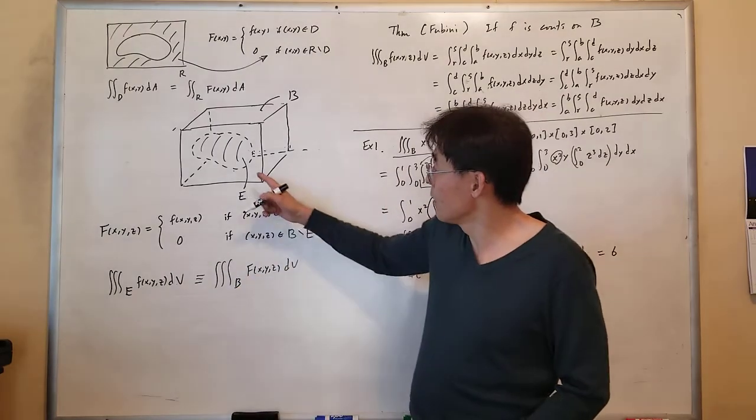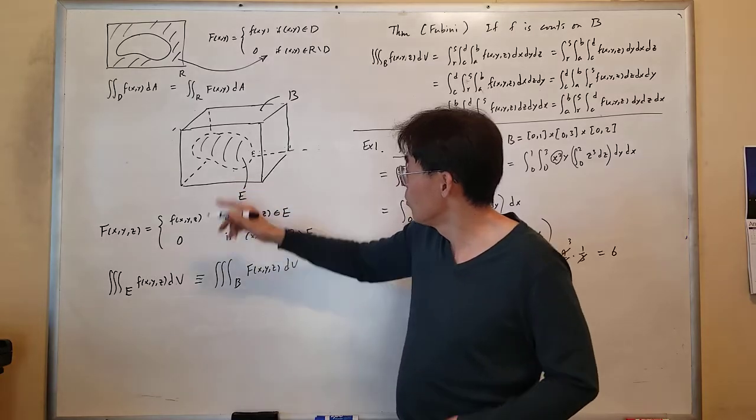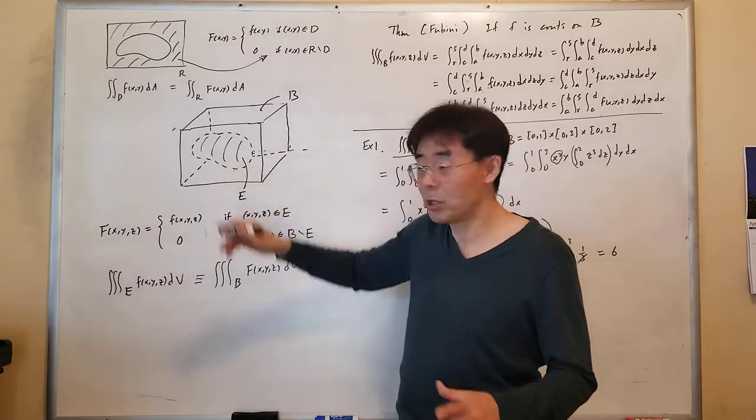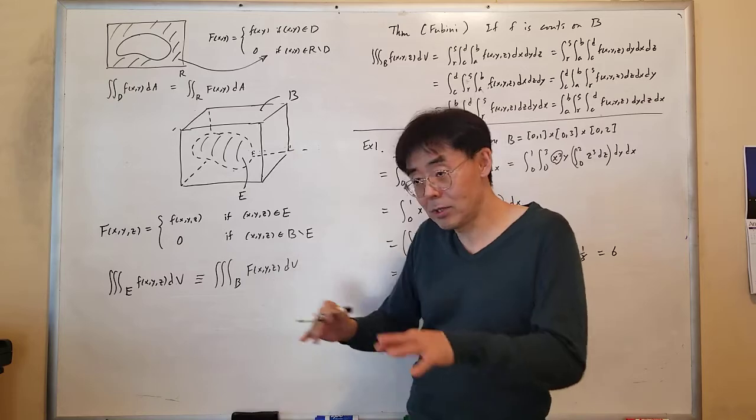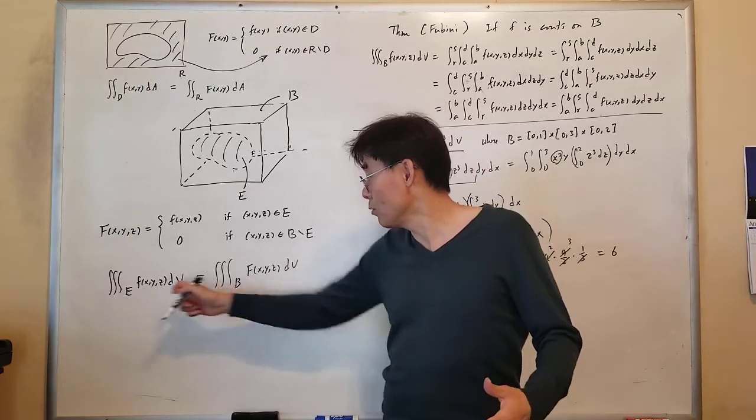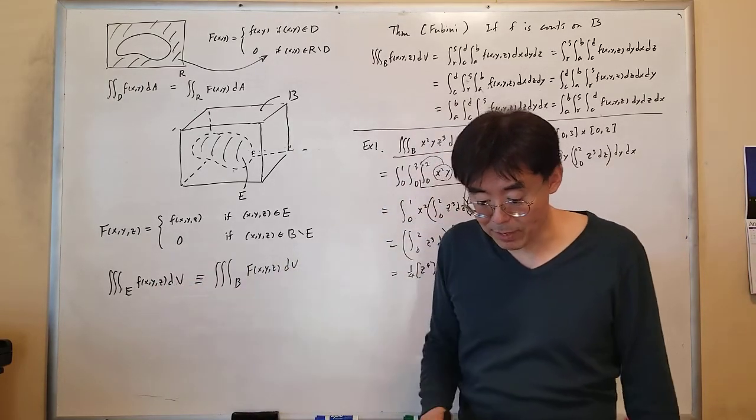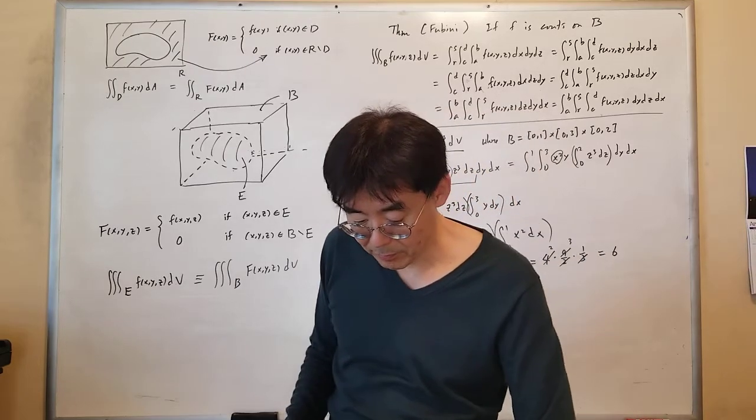But we know that the function outside E will be 0, so there is no contribution when your points are outside E. So the value must be the same. That's why we define it that way. Okay?